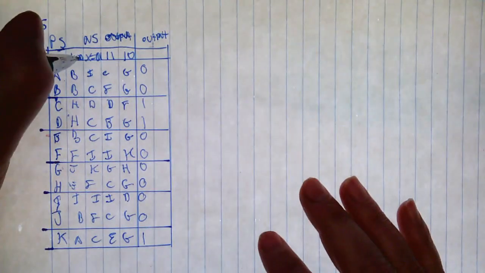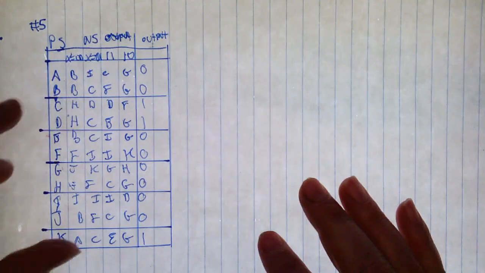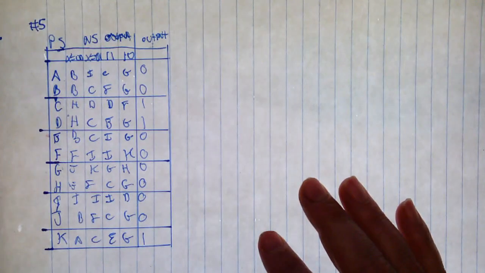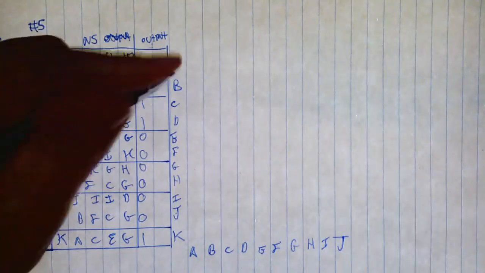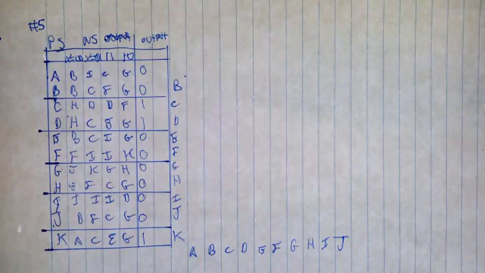So that's supposed to be for input 00, 01, 11, and 10. This is numbered in gray code. That's okay. We'll start with B and go to K. And now we're going to start with A and go to J. Now we'll build the lower triangular matrix.